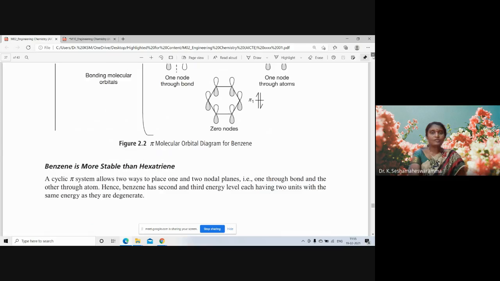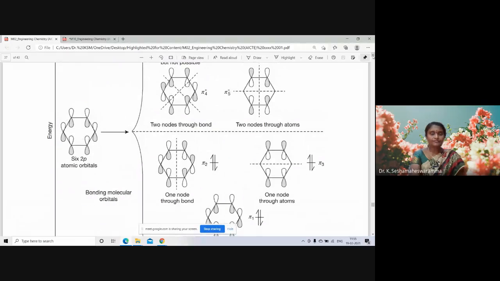This is regarding the molecular orbital diagram of benzene. You can easily understand pi 1 has 0 nodes, highly stable, less energy. Pi 2 and pi 3 have one node through bond, one node through atom.